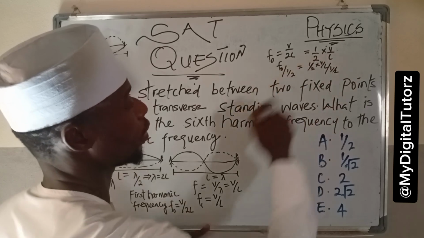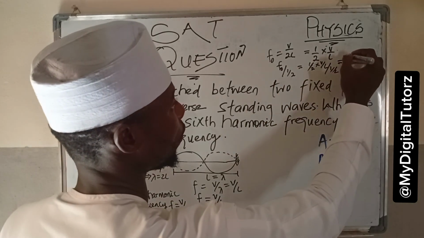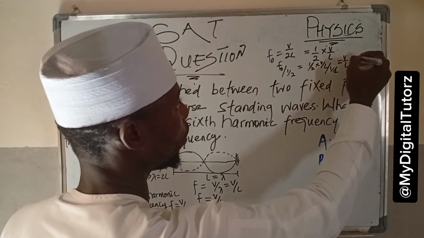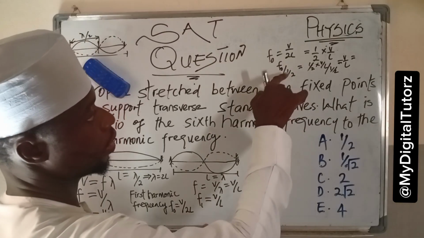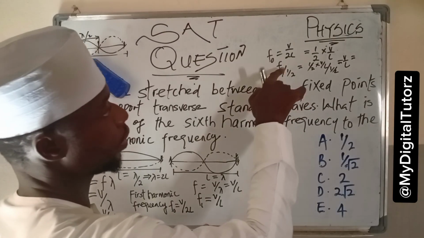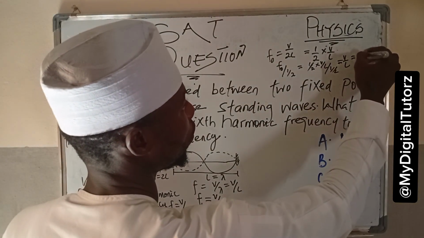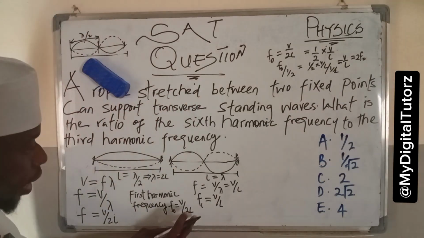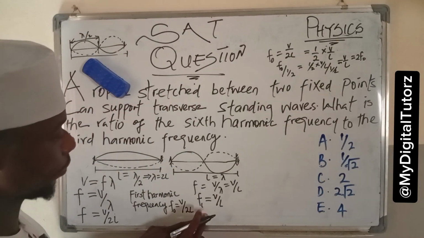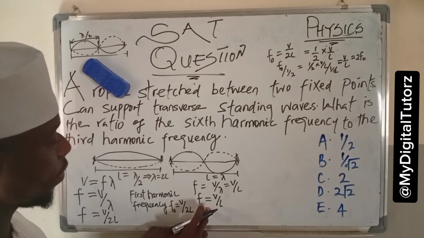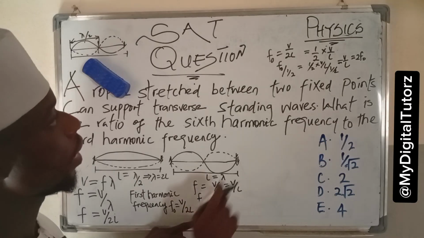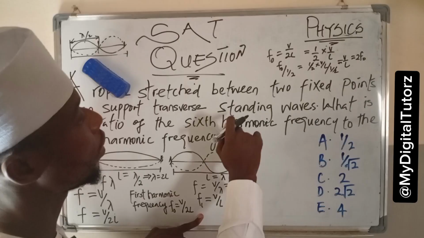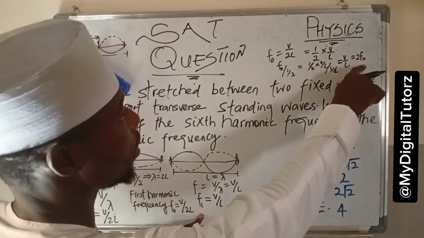So that 1 over 2 comes 1 over 2. That implies that V over L will be equal to, when I reciprocate, 2 F naught. So anywhere I see V over L, it is equal to 2 F naught.